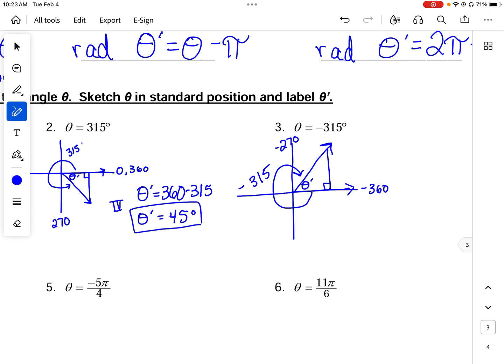So we need to take 360 away from it. Though if we take 360 away from negative 315, we're going to get a bigger negative number. We don't want that. So instead, well, I guess we would do the same thing, right? We would do 315 plus 360.